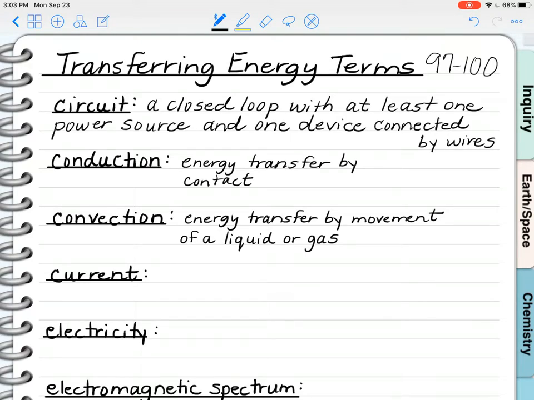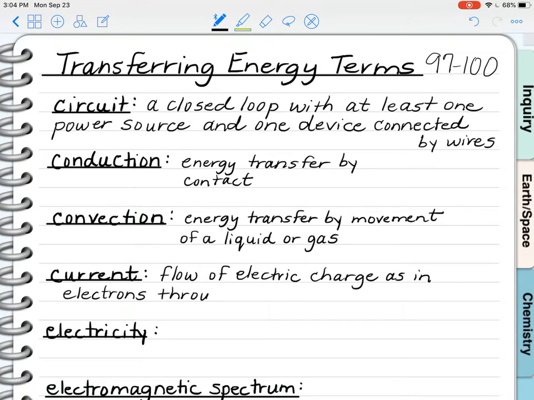A current is a flow of electric charge. And we really could stop there, but I want you to know where this comes from. As in electrons through a circuit. Remember those electrons that we talked about way back, what seems like an eternity ago?